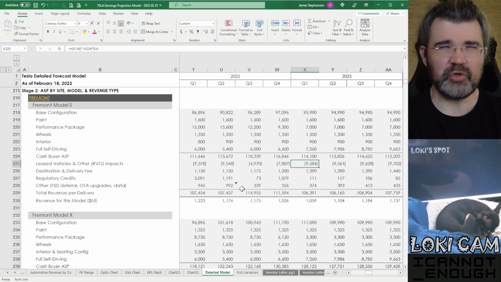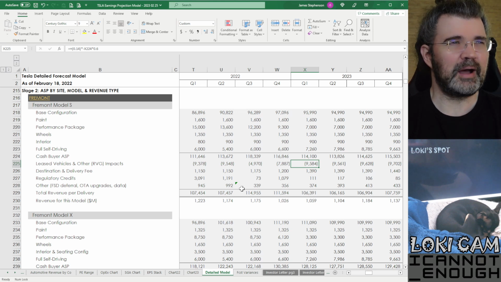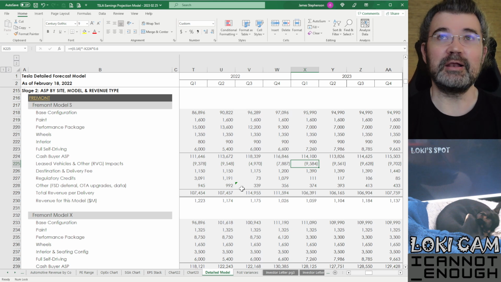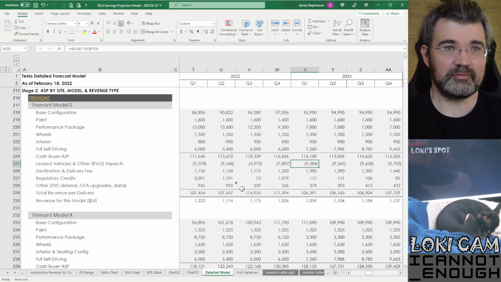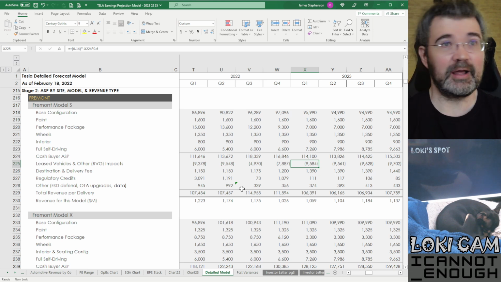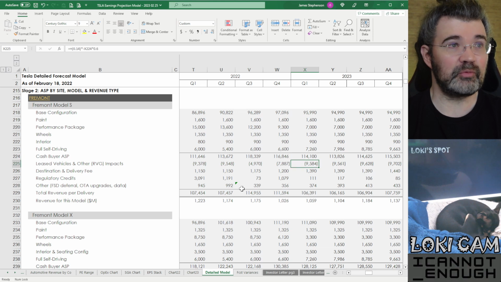So the percentage of them, it's about 14%, who buy Model S as a lease instead of as a cash delivery are weighing down the revenue per Model S by about $10,000. So that's the first adjustment you make.